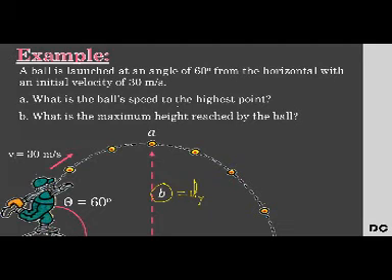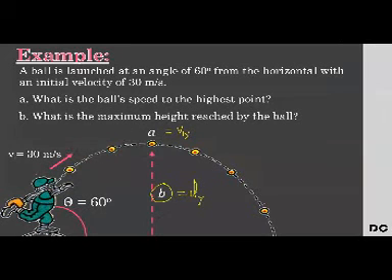Since we are referring to the speed of the ball to the highest point, we are referring to the vertical velocity of the object. So we are looking for the VIy, or the initial velocity of the object on its y component, the vertical component initial velocity.